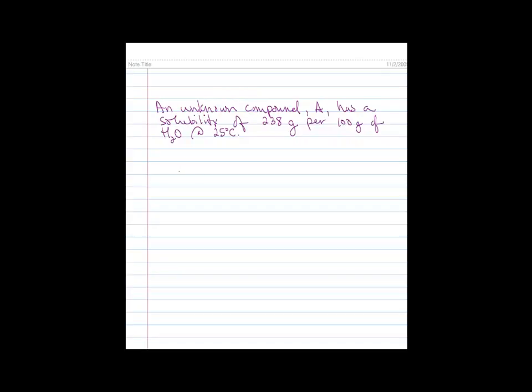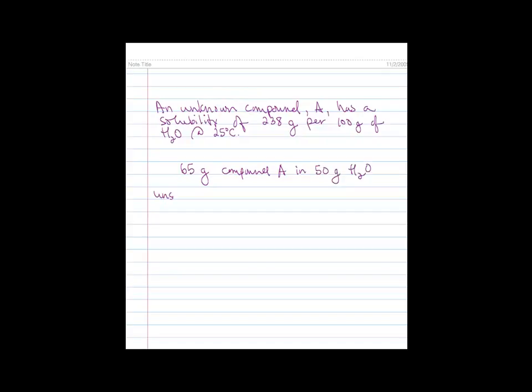Let's say we were able to dissolve 65 grams of compound A in 50 grams of water.